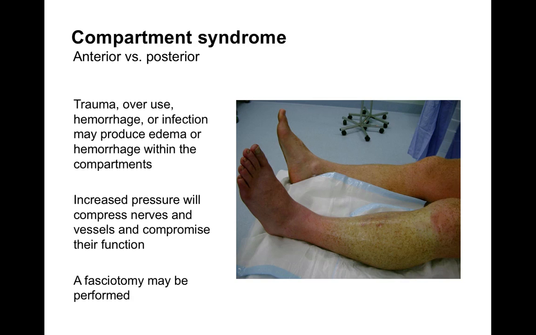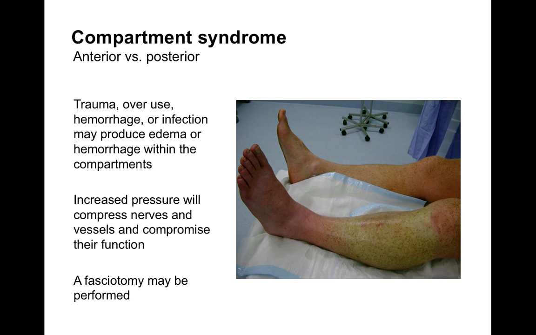The crural fascia is so dense and thick, and the intermuscular septa are so thick that this fluid will not be able to go anywhere. So as a result, there will be an increase of pressure developed within the compartments that will compress nerves and vessels and compromise their function. So a compressed nerve would result in paresthesia, paralysis, and compressed vessels would result in a lack of oxygen delivery and ultimately avascular necrosis. So very serious consequences if compartment syndrome is not managed properly.